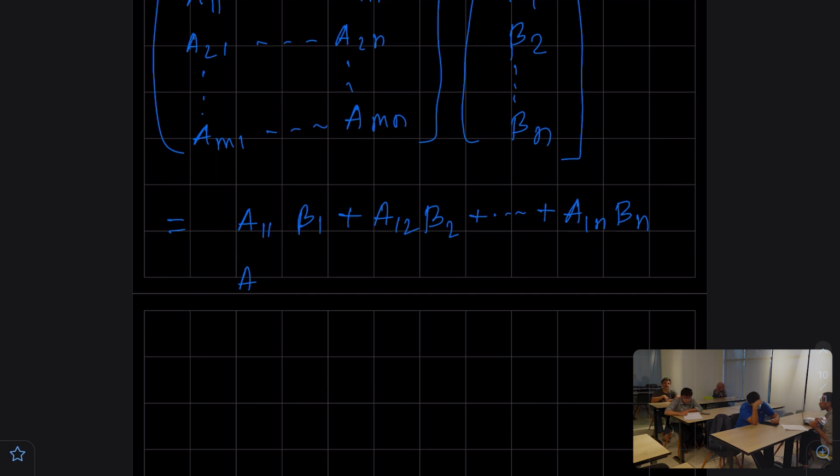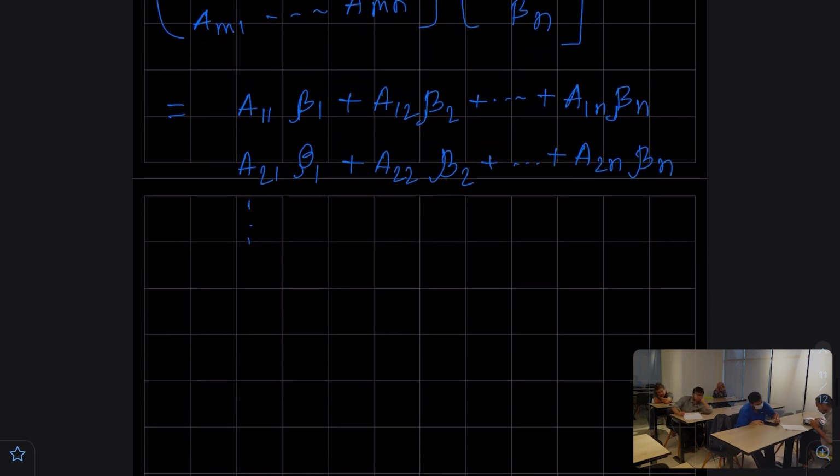Can you make the tail of the beta a bit longer? Then it looks like beta. Oh, okay. So A21 beta 1 plus A22 beta 2 plus A2n beta n.